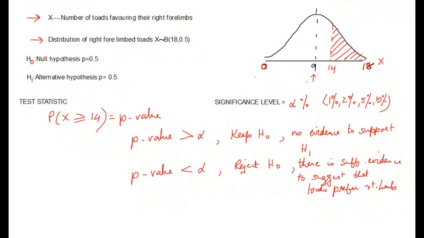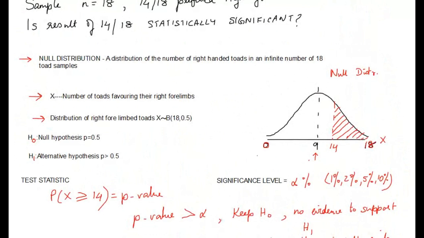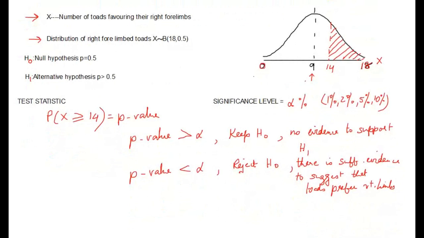Now, if that probability is very high, then we can say that the result that the scientists got is not that uncommon, and therefore it is not statistically significant. Whereas if it's unlikely in a bunch of random samples to get a result as good as 14 out of 18 or better, then we can say that what we found is statistically significant. So that is what this calculation is, probability of x greater than or equal to 14, because we're testing for the experimental result, which was 14, or anything better than that.